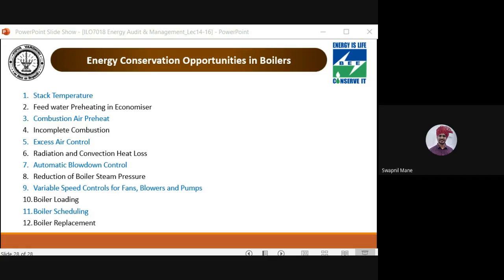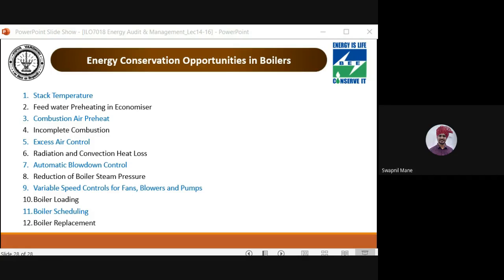Stack temperatures greater than 200 degrees Celsius indicate a potential recovery of waste heat. So if you find by your measurement or calculation that stack temperature is going beyond 200 degrees Celsius, then you should immediately say that there is a potential waste heat recovery possible.